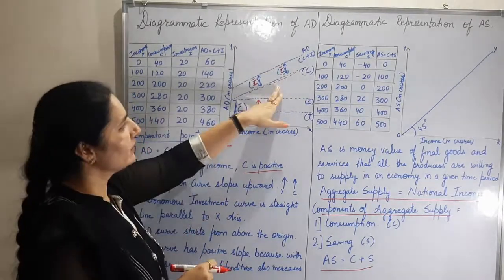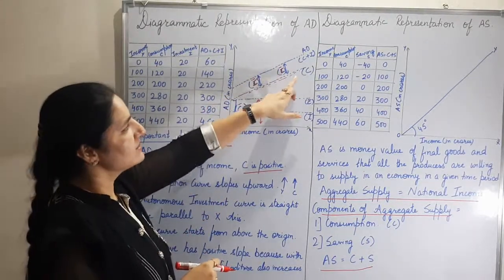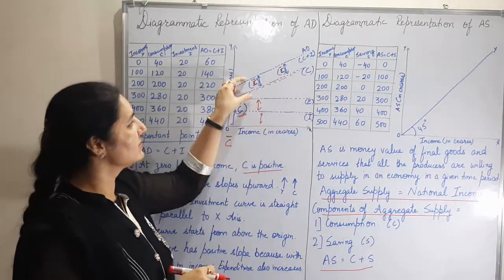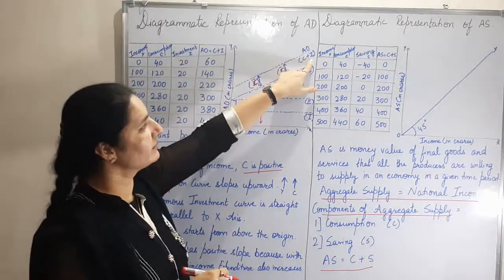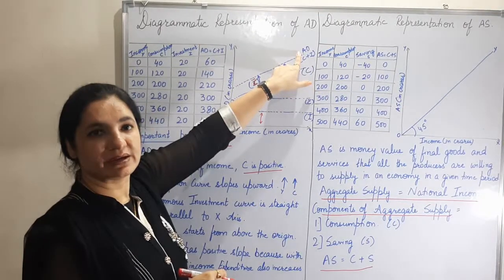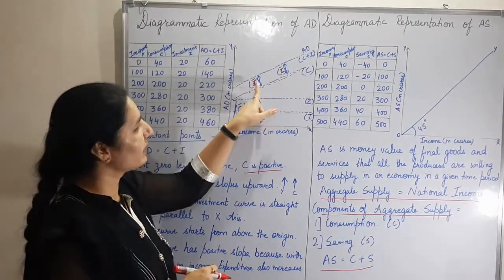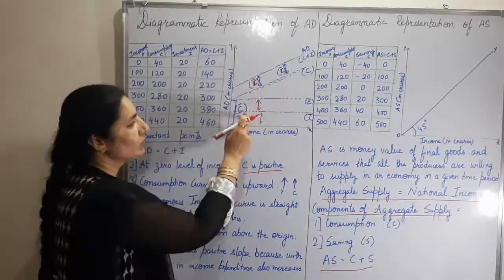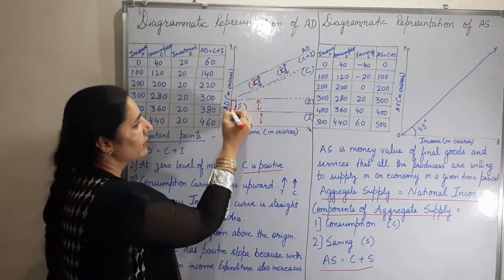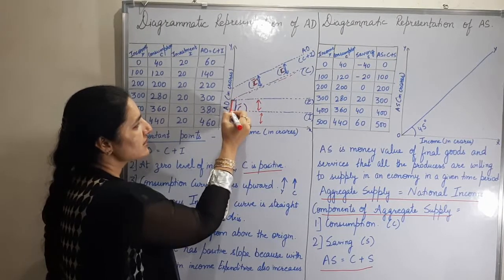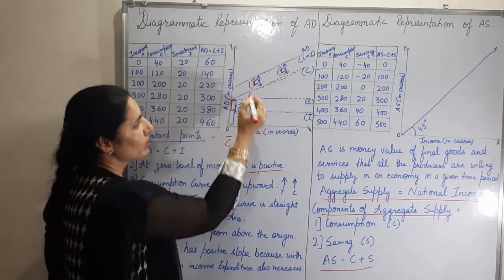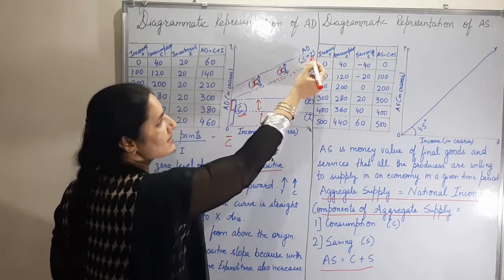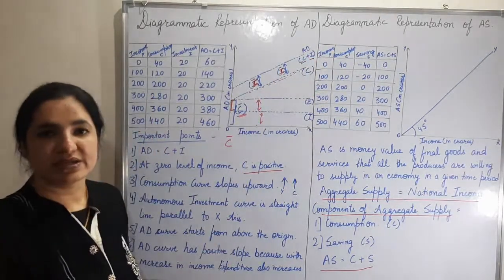This is total C plus I. C is that part which is added, and this is the I part which is again added, and it is forming AD. Here we have already taken this area, so this area is only included here and this becomes I. So C plus I is equal to aggregate demand.